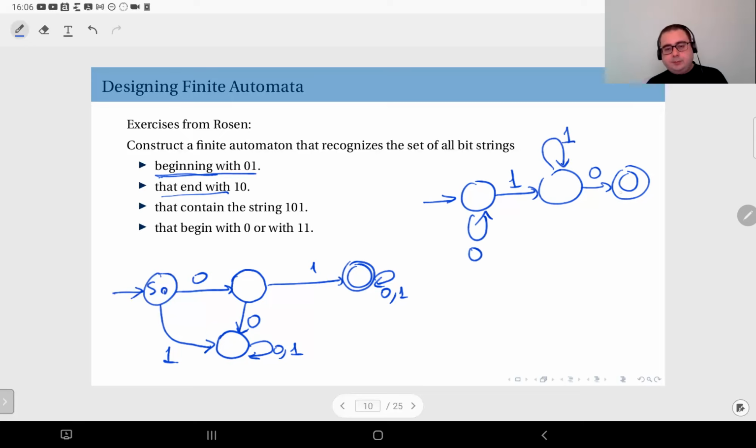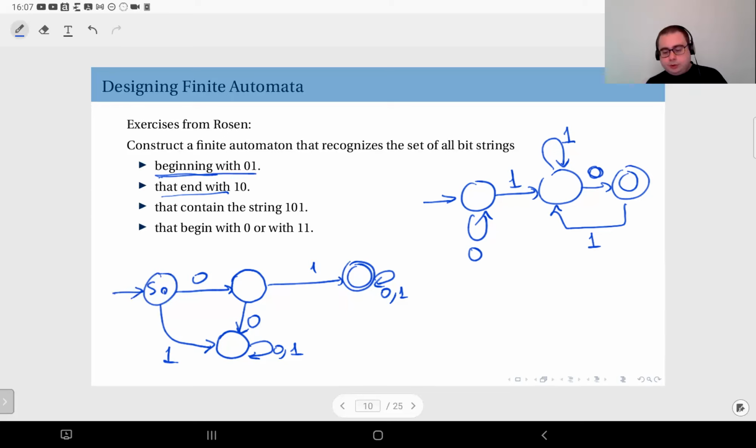Now, when I reach the accepting state, you see with a 1, I go here. That means this 1 is a candidate of being the penultimate bit, and this 0 is a candidate of being the final 0. But then if I encounter another 1, since the string is not ended, then that one becomes a candidate for being the penultimate bit again.